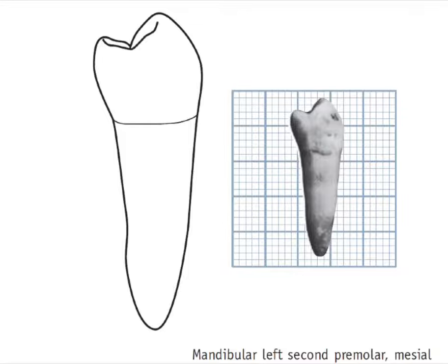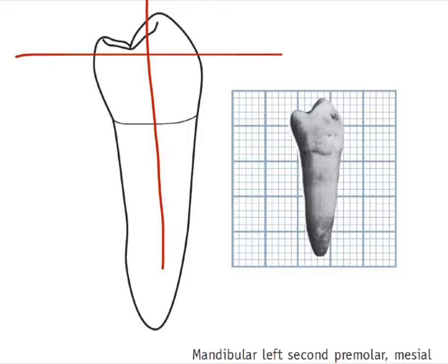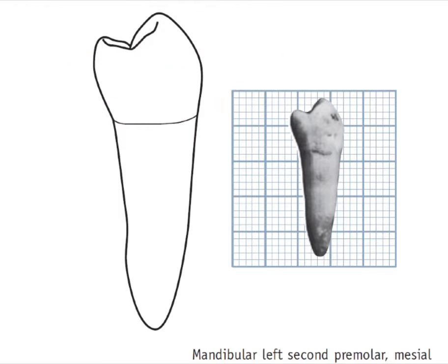Thirdly, you should move to the mesial aspect of the mandibular left second premolar. As noted, you should draw your midline and the 3/3 of the crown. At the cervix, it is 14, 7 multiplied by 2, and at the maximum height of contour, or the maximum width, buccolingually is 32 millimeters.